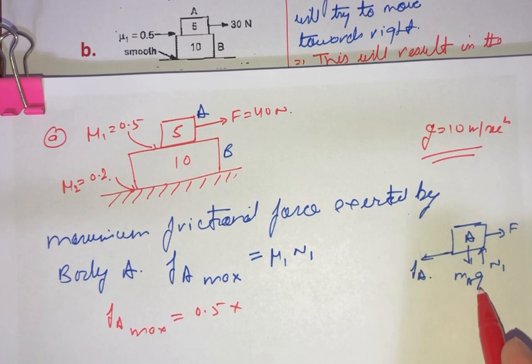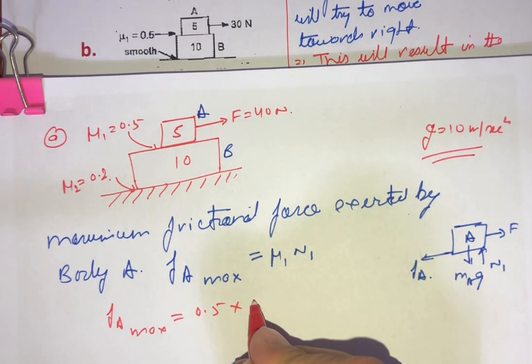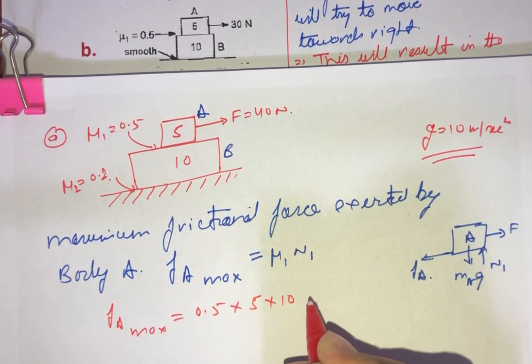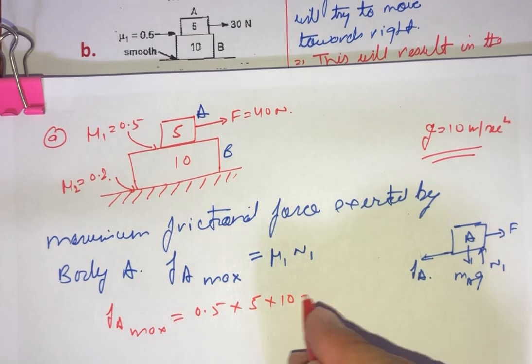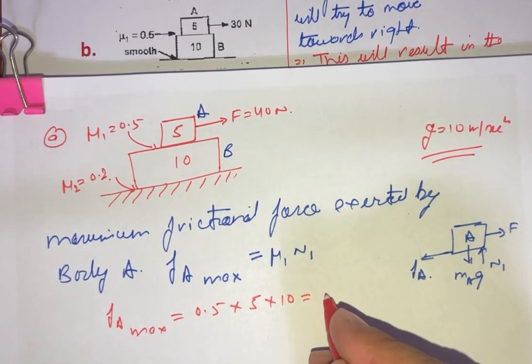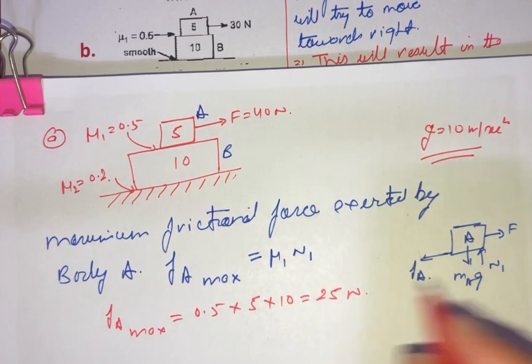N1 is mg, mass is given as 5, g is 10, so we get this as 25 Newton.